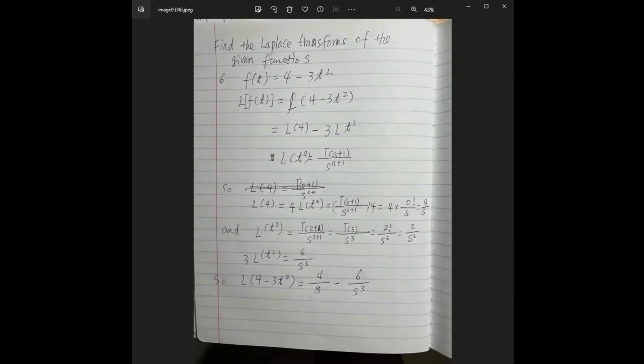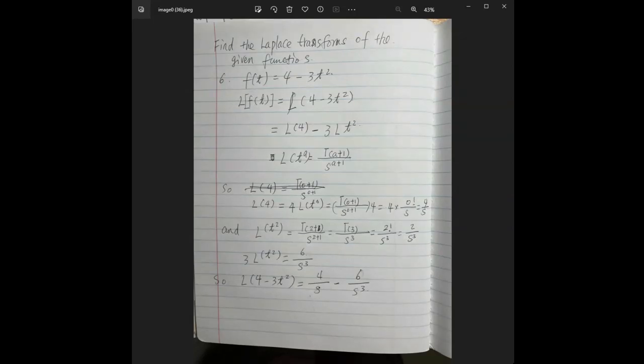So that's why it's 4 over s. So the Laplace of t to the power 2 is 2 factorial over s to the power 3, so the answer is 2 over s to the power 3. Here the final answer is 4 over s minus 6 over s to the power 3.